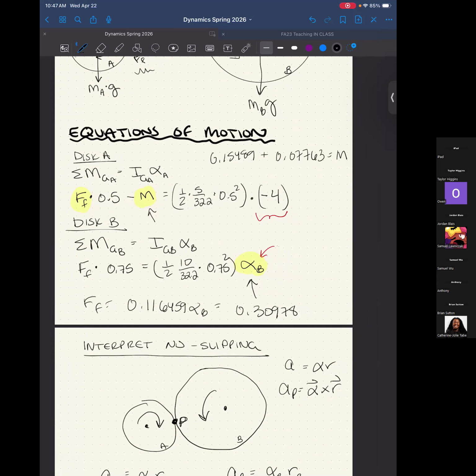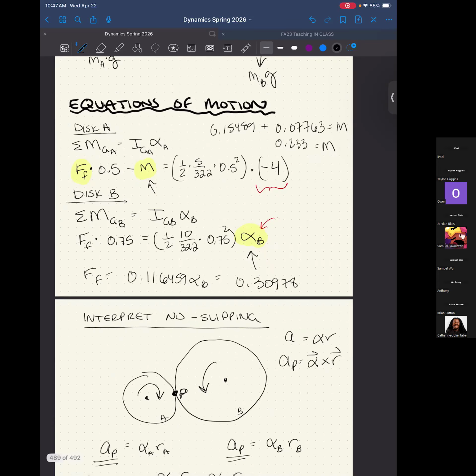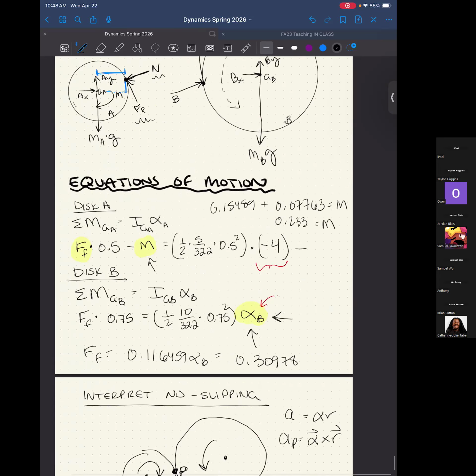I still get 0.233, Samuel. So you've got to have an algebra error somewhere. There, alpha B in this equation absolutely does need to be a positive 2.66, and alpha A in this equation absolutely needs to be a negative 4.